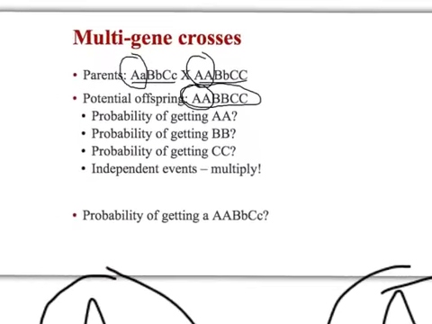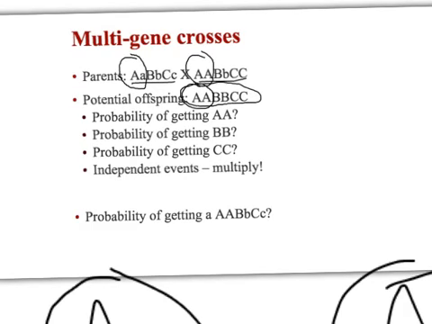Okay, so let's go back to our problem now. The probability of just getting big A is 1/2.